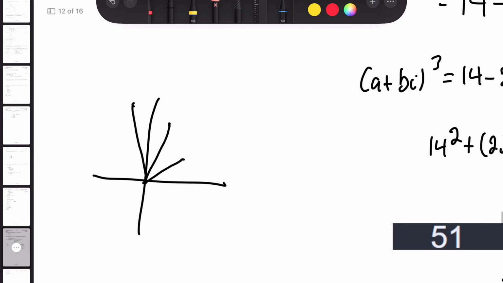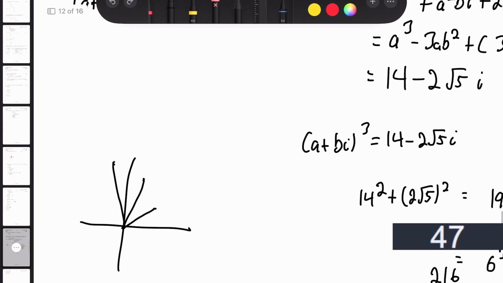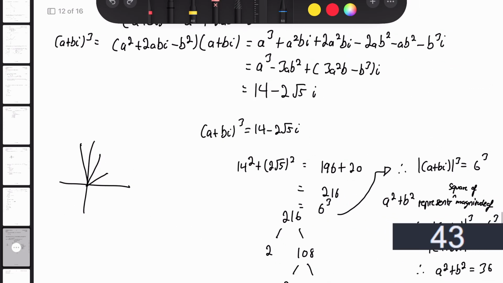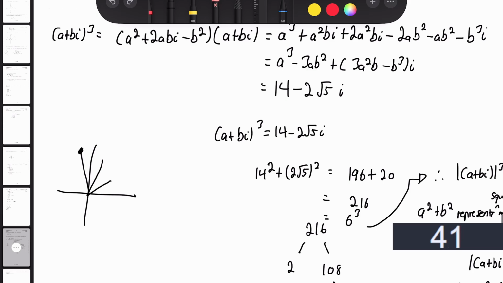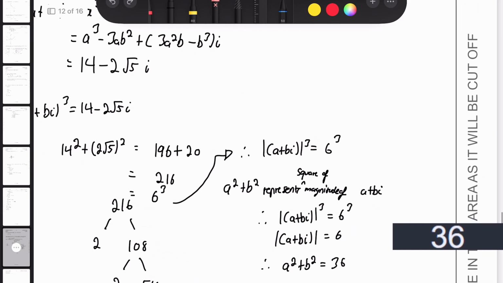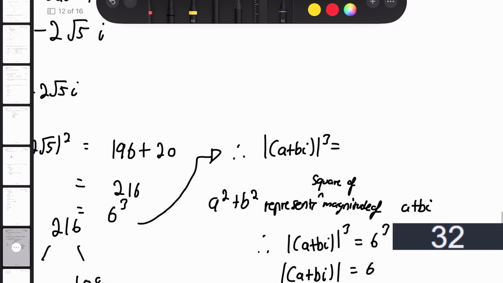Because this represents some complex number, and you're multiplying it with itself 3 times. And when you do that, you get that the magnitude of that is going to be 6 to the power of 3. Oh no, it can be square root of 6 to the power of 3.